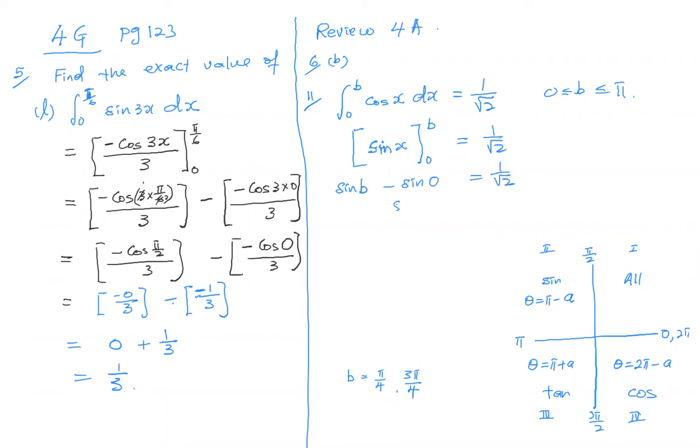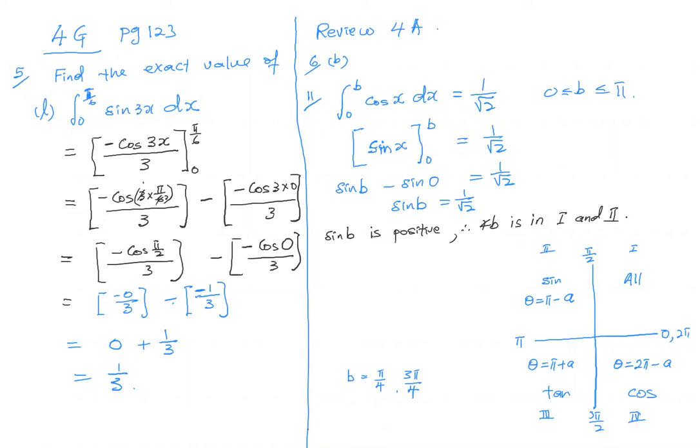So my sin B is 1 over root 2. So I straight away make this statement: sin B is positive, therefore angle B is in the first and second quadrant, right?